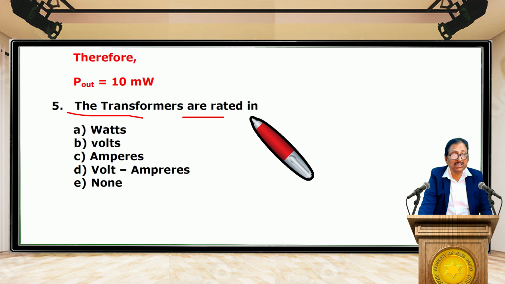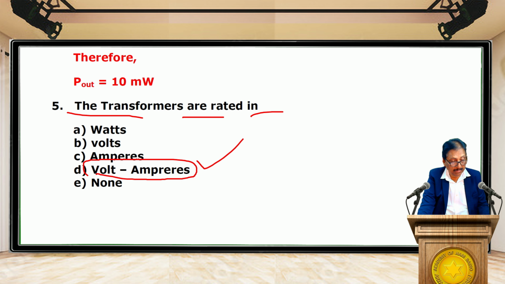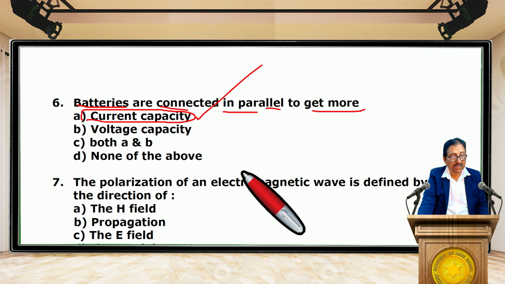Transformers are rated in volt-amperes. Delta is the correct option. Batteries are connected in parallel to get more current capacity. Alpha is the option.